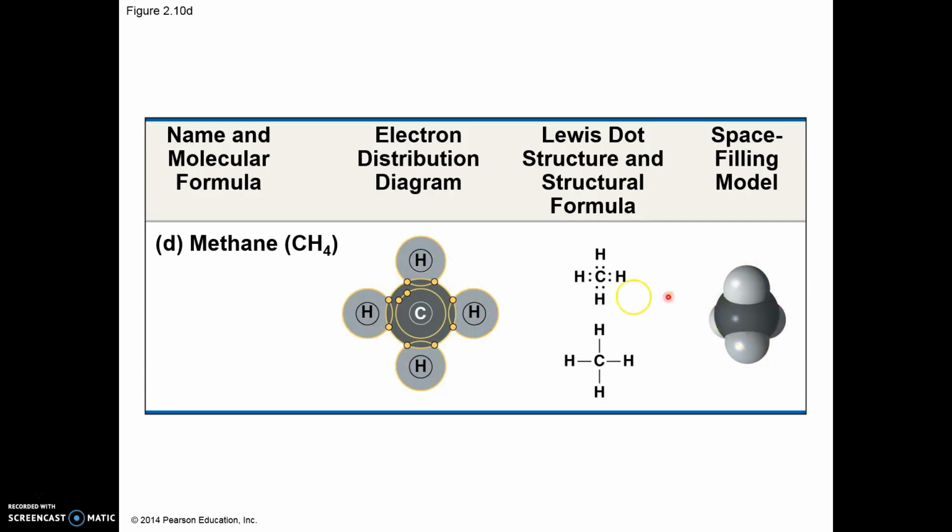Something to notice here is when we represent it here, it looks like all 4 of the hydrogens are sticking out around the circumference. That's not how it actually looks. Here, each of the hydrogens takes up a position that is as far away from the other hydrogens as possible. Recognize that these hydrogens have a positive charge in their nucleus, and they are going to be repelling the other hydrogens. So they're going to move into a position where they are as far apart as possible.